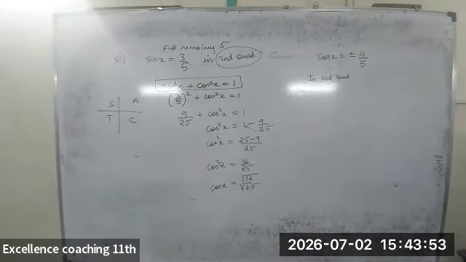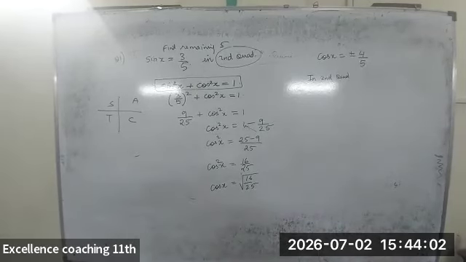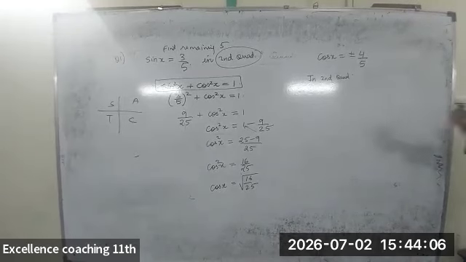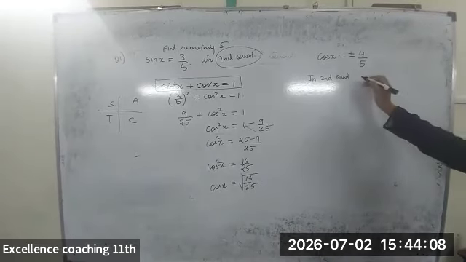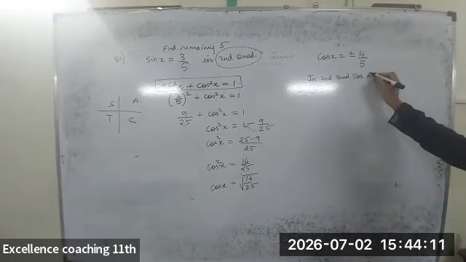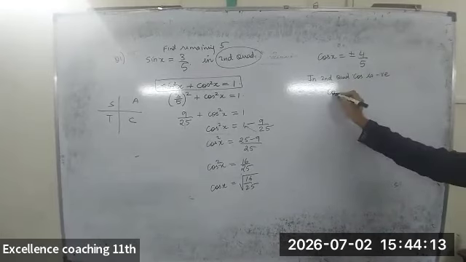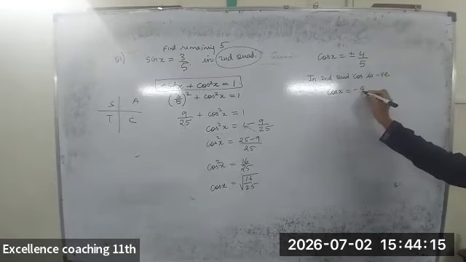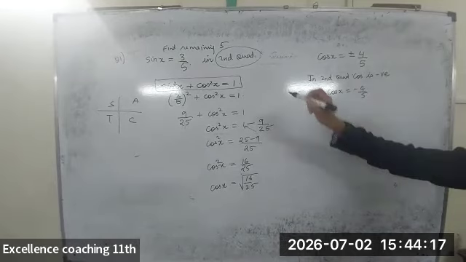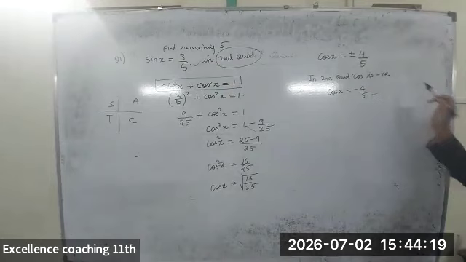Negative. So in second quadrant, cos is negative. So you have to take minus 4 by 5. So we got two functions, one sine and cos.